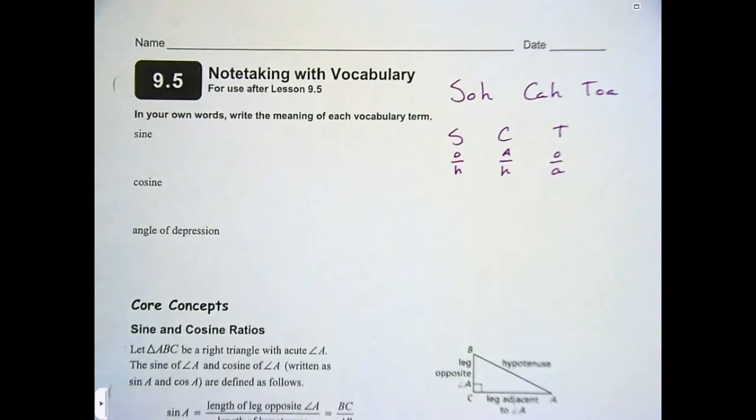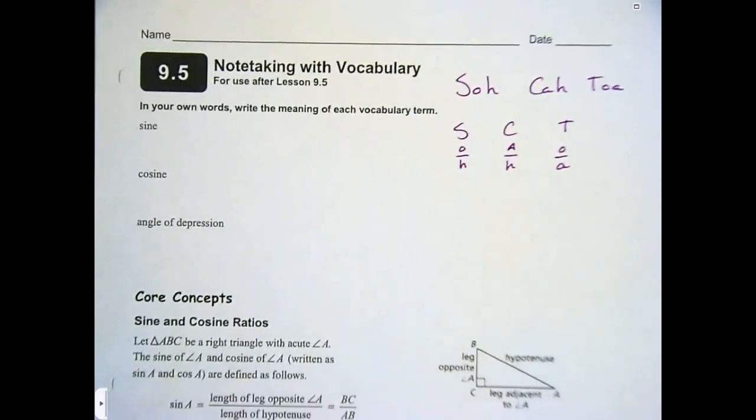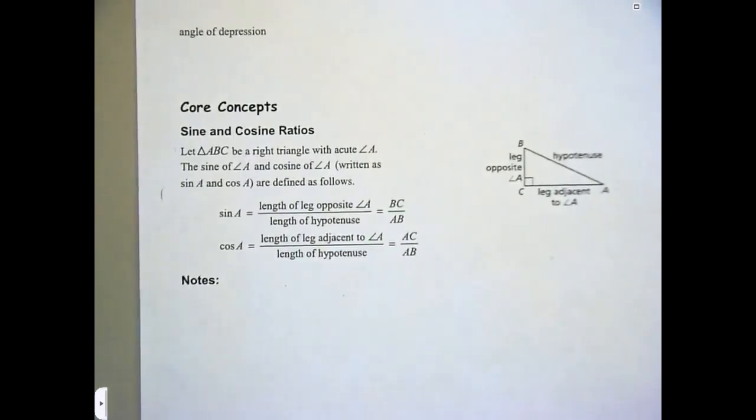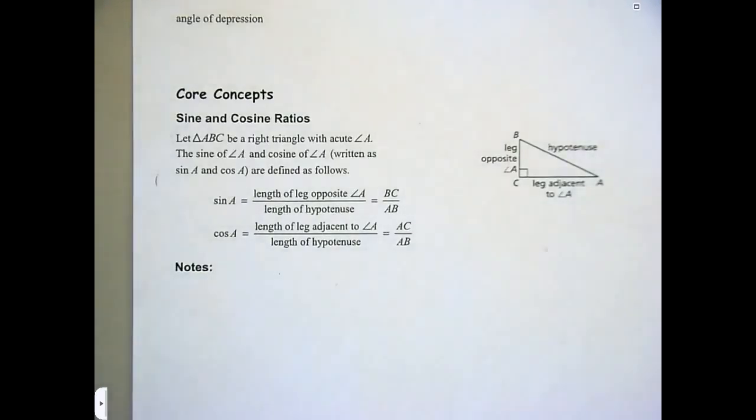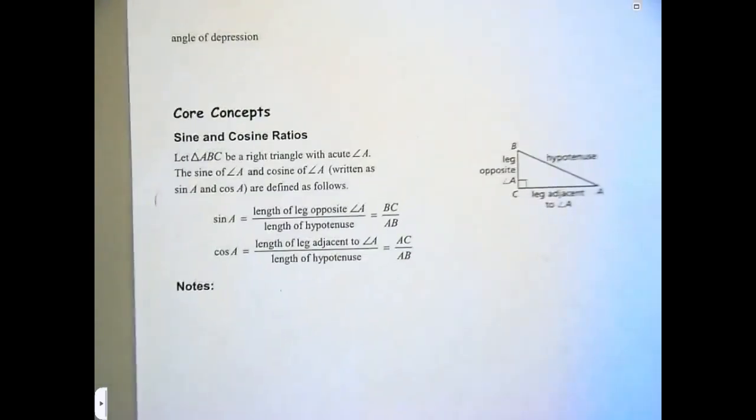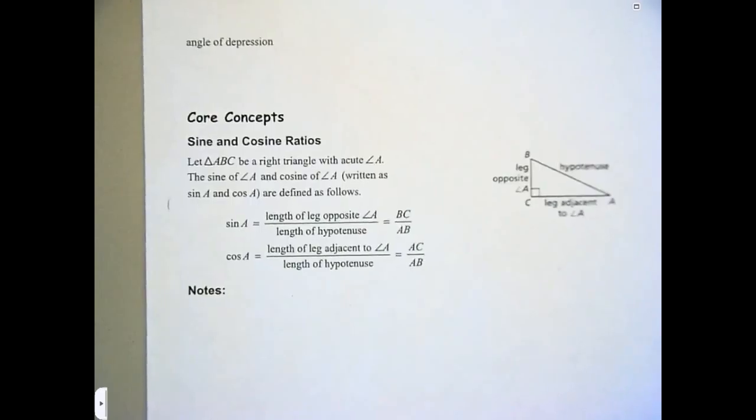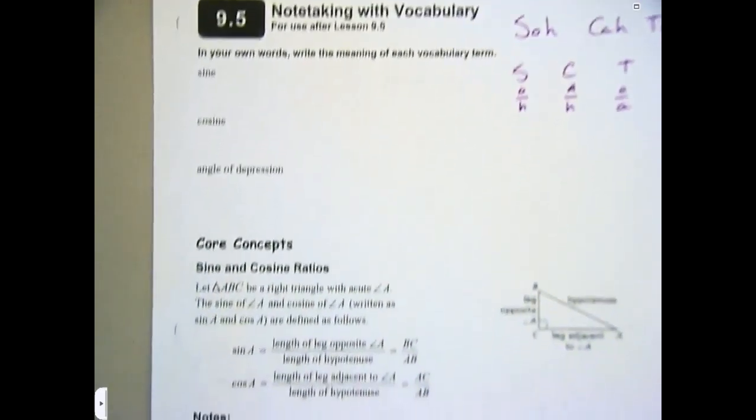On bottom page 264, you actually have your notes there. But before we start, I want to make sure everyone understands what cosine means. Cosine means the complement of sine.